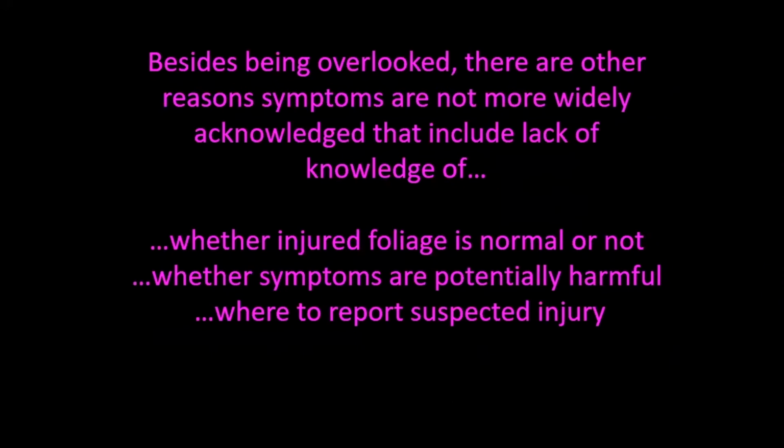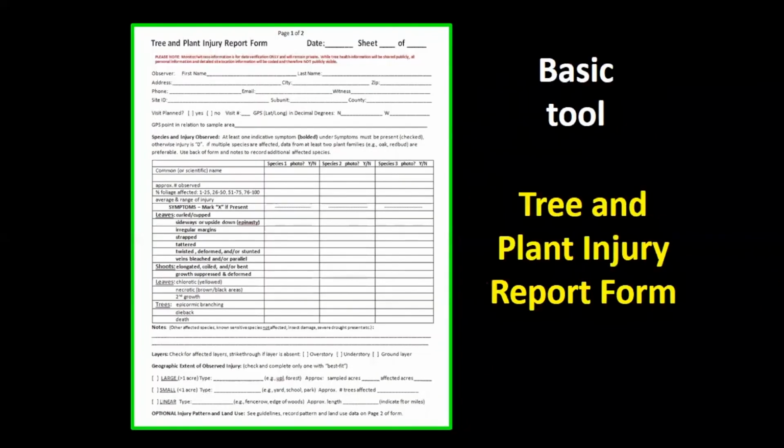And finally, even when people do know they're looking at potentially harmful symptoms, they really have no idea where to report this suspected injury. So all of these things together make me think that perhaps these symptoms are more prevalent out there than we really think about.